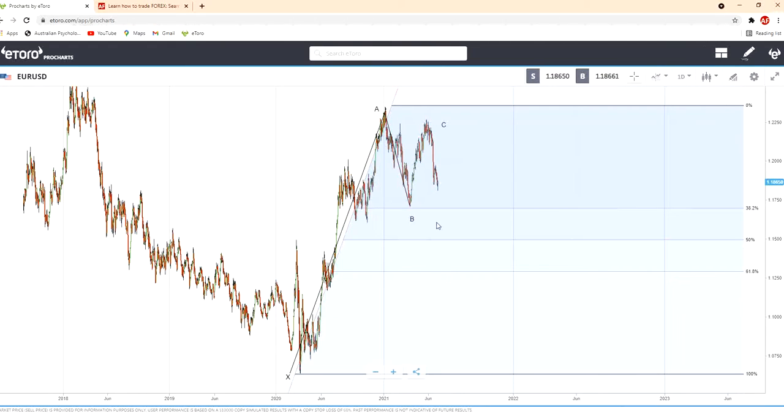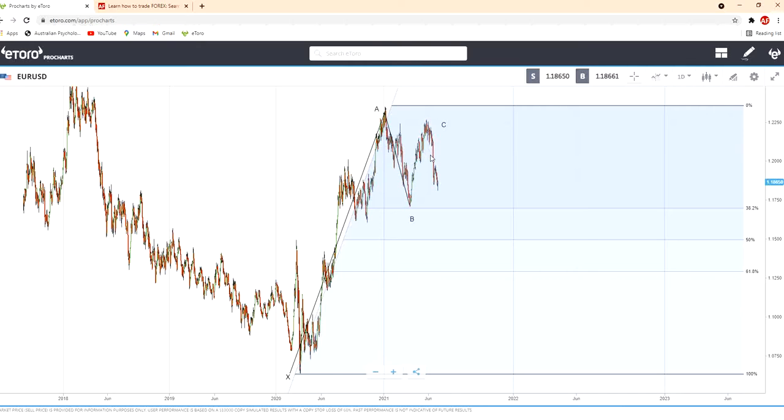Many people may ask, okay, how can we find C? Doesn't matter. Don't put trades in between. You can still put trades, just by drawing the Fibonacci numbers, and say, okay, at 38.2%, we're gonna have a reversal. Then you put a buy here.